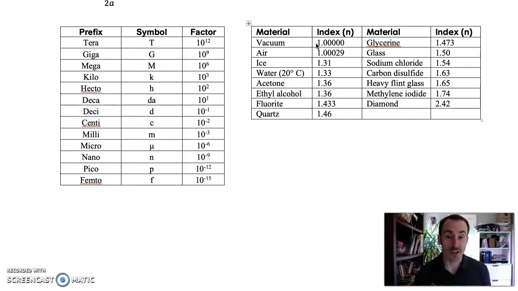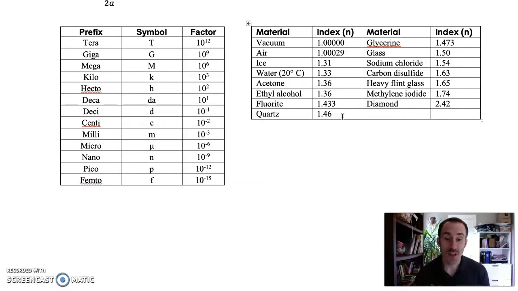So in a vacuum, the index of refraction is 1 exactly. That's because the speed of light in a vacuum is equal to the speed of light in a vacuum. And so when you take 3 times 10 to the 8 divided by 3 times 10 to the 8, you get 1 for the index of refraction. So that hopefully should make sense. And then the larger the number you get, the slower light is in that medium.